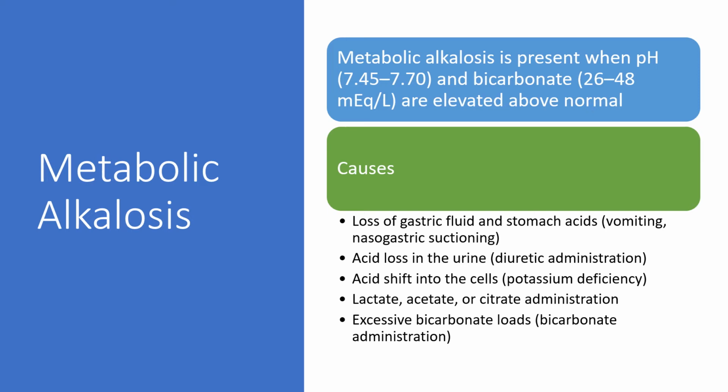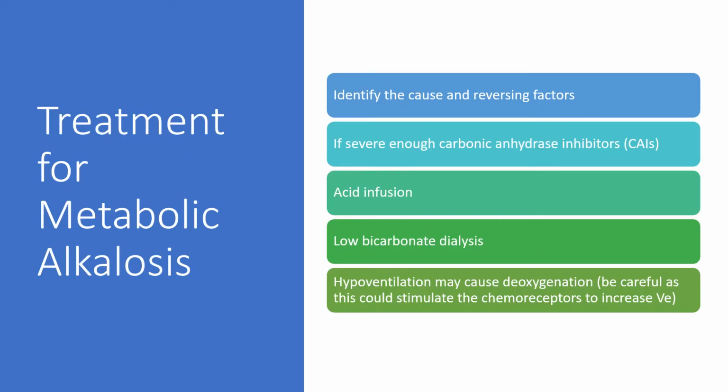If someone's hypokalemic, that can easily be a cause. The lactate, acetate, or citrate administration, so we're giving them those, and that can easily cause an alkalosis. Or if we give them too much sodium bicarb, that could easily send them the other direction into a metabolic alkalosis.